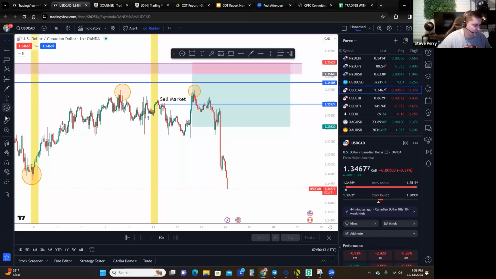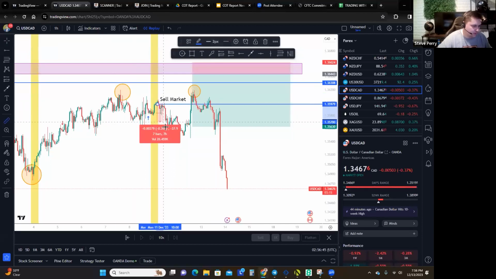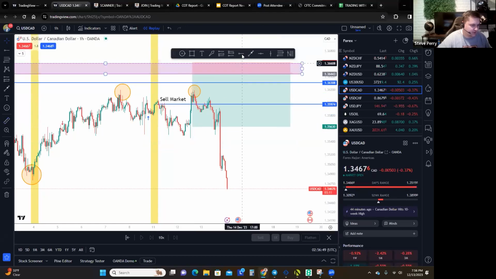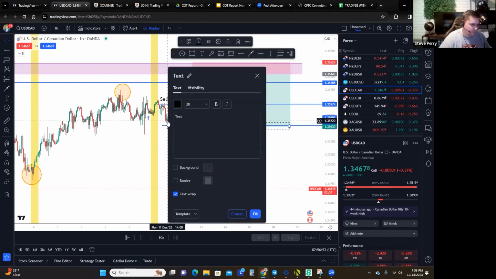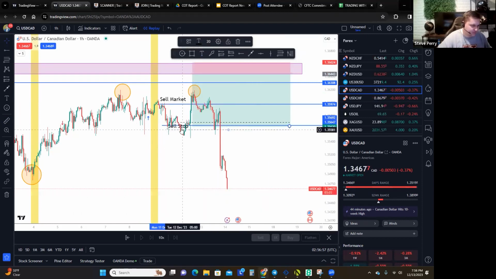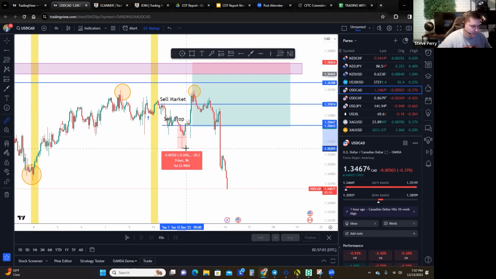And then 35 pips below that, right here, I have another sell stop. And then 35 pips below that, I have another sell stop about right there.